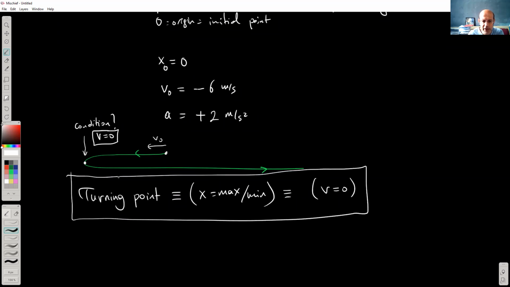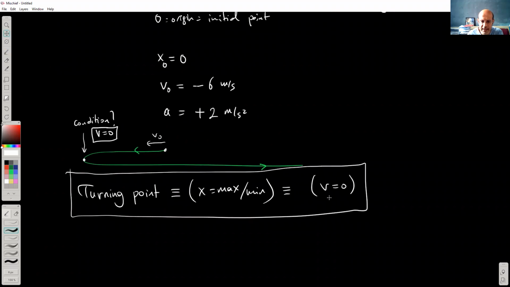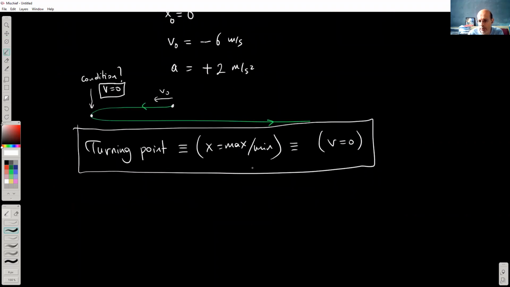Okay. So in any case, there's some kind of a condition that expresses this final point, and we just express it as an equation, as some kind of a value for some variable, right? So in that case, it corresponds to velocity being equal to 0. So it's asking this question in here.